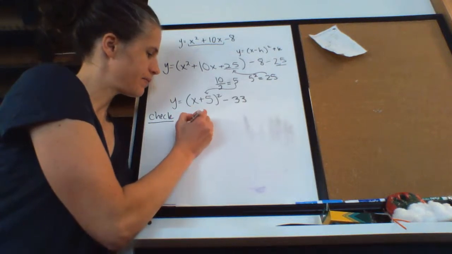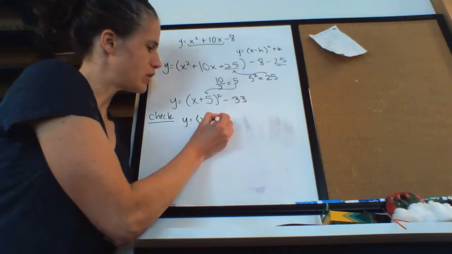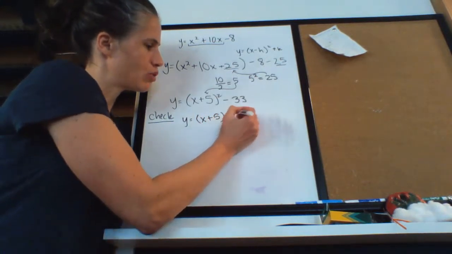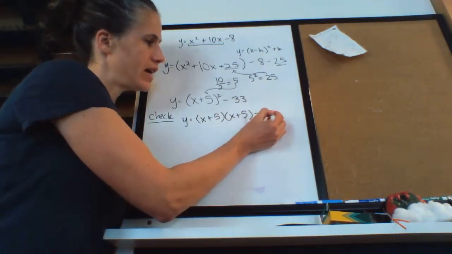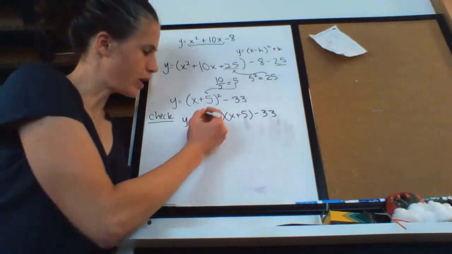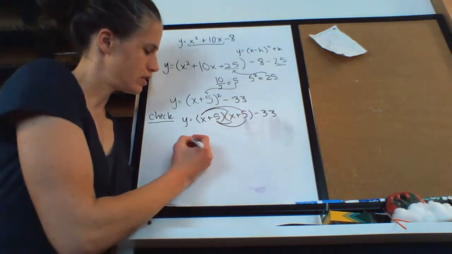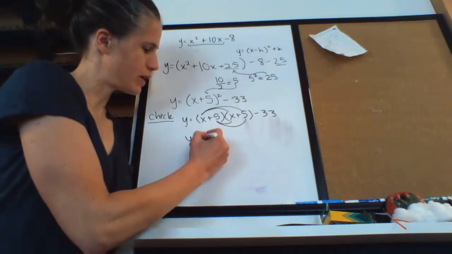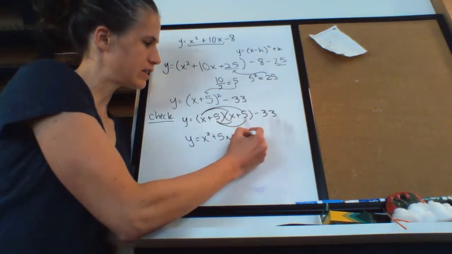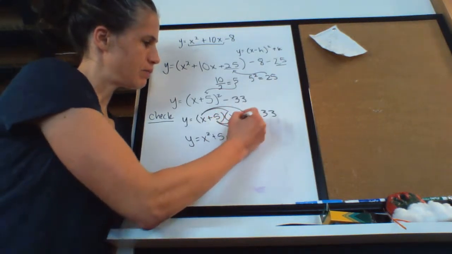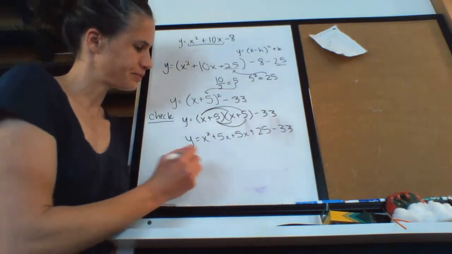I'm going to multiply this out. Remember, when you square a binomial, you write it out twice, like this. I want to FOIL. So I'm going to get x squared plus 5x plus 5x, and then plus 25 minus 33.